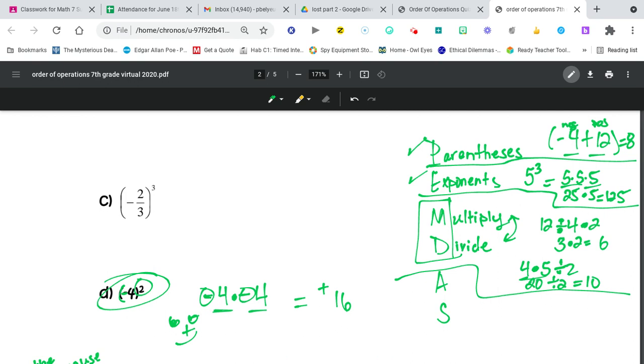All right, and then the last two: A stands for add, and S stands for subtract. A lot of teachers will teach you to add and subtract, and that you can switch those out too, that you do the one that comes first. But I don't teach that. I just teach you to group them. Whatever's left over. Suppose you had this left over.